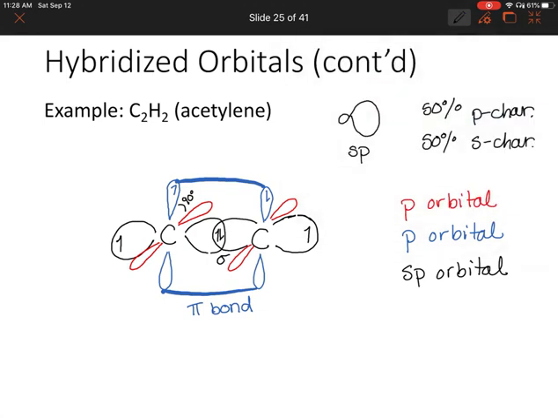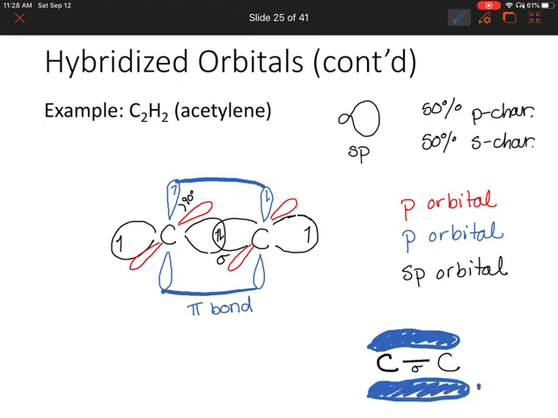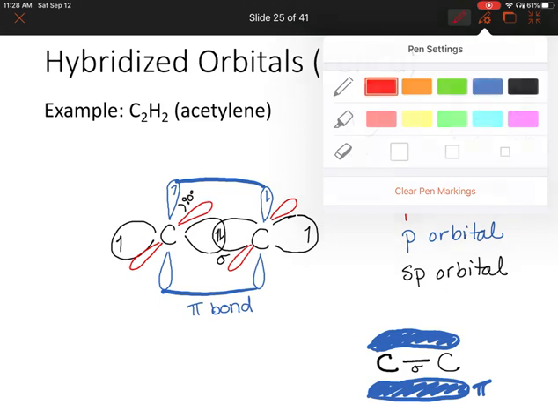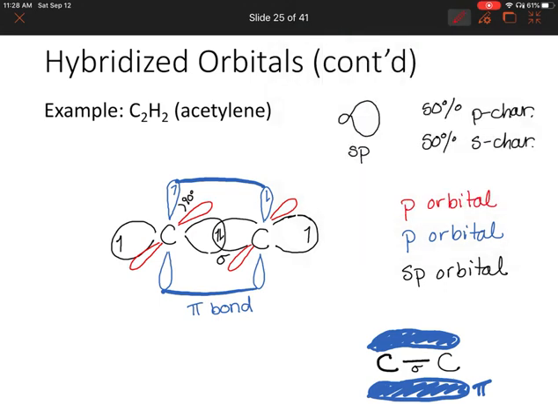So actually, let me show you what it looks like. We would have a sigma bond in the center, and then there's just this cloud of electrons above and below for this pi bond. So we don't really know where those electrons exactly are. And then we also have unpaired electrons in the p orbitals that are 90 degrees from the other p orbitals.